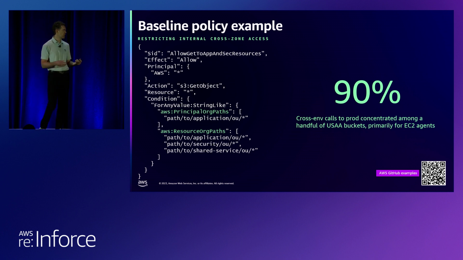And in this example, you see how we're limiting principals in a specific OU to resources in the same OU, resources in maybe a security OU, and resources in a shared services OU. Again, the idea here is really taking those internal boundaries and hardening and only allowing explicit access to the resources that your application needs.